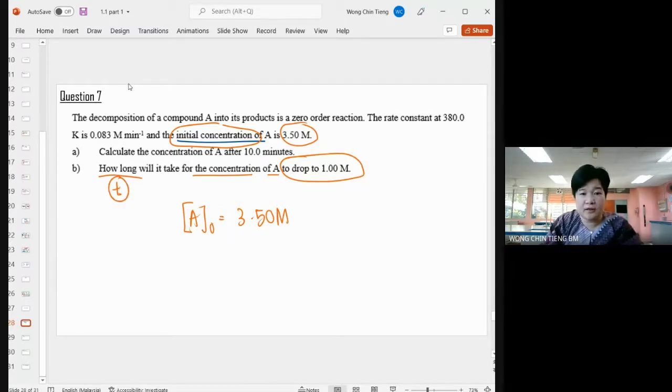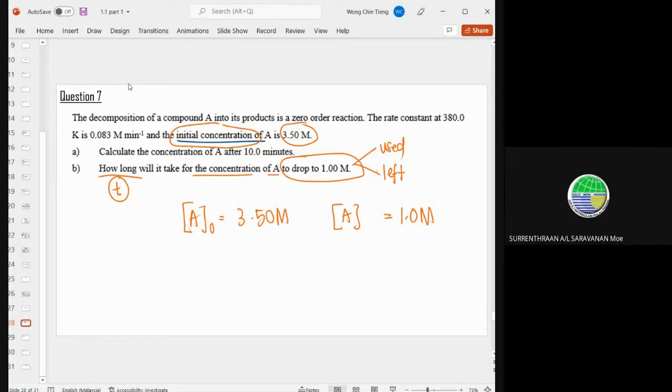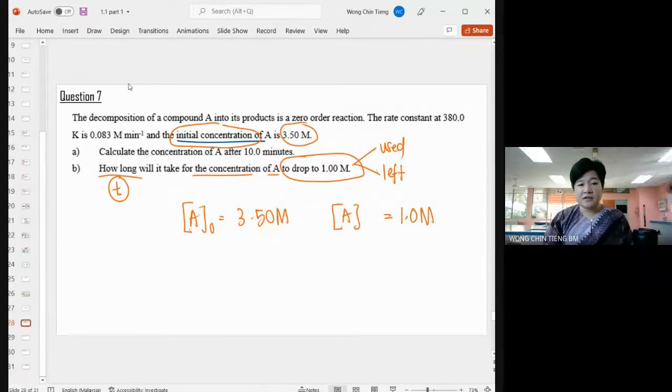To drop to 1. Soalan saya, concentration A yang bersamaan dengan 1 molar adalah use ataupun left? Anybody? What do you think? Left. Concentration of A to drop to. Jatuh kepada. So that is the T. Nampak beza?